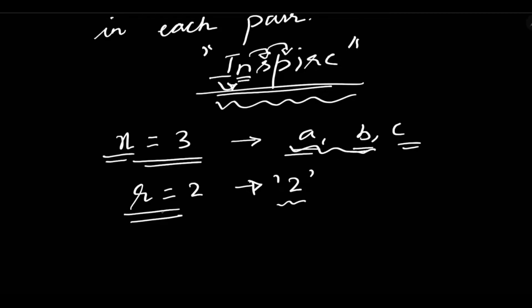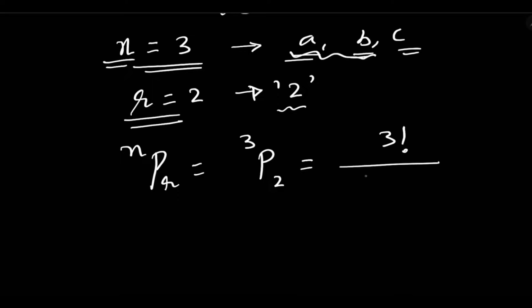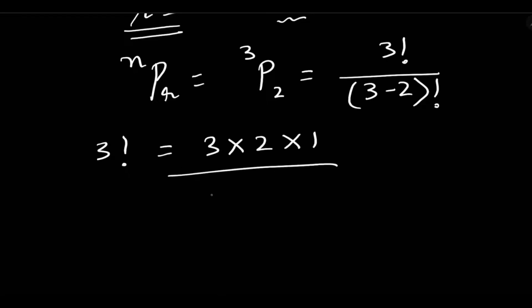So nPr becomes 3P2, which is equal to 3 factorial divided by (3 minus 2) the whole factorial. What is 3 factorial? Let us see each one. 3 into (3 minus 1), that is 2, into 1. And 1 factorial is always equal to 1.